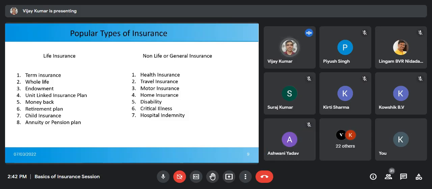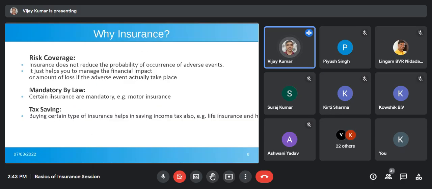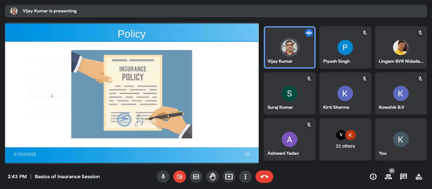So this is the amount which everybody is contributing as an individual, which is creating a pool for me. So this is my premium. Premium is the money or the amount which I have to pay to the insurer carrier so that they can own up my risk. So it is going to be in the risk pool account.